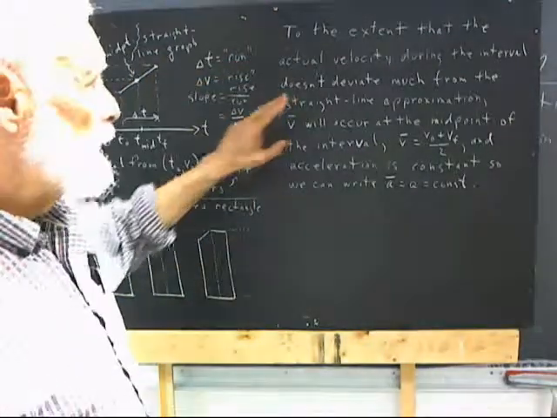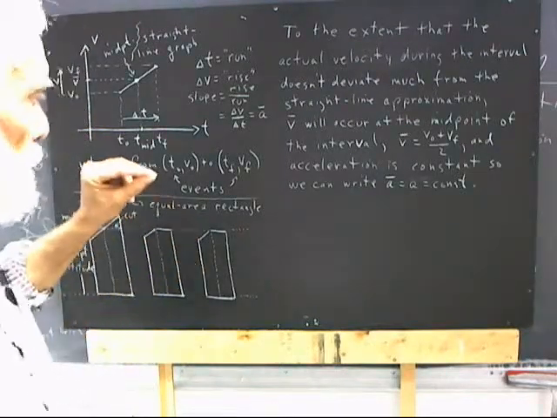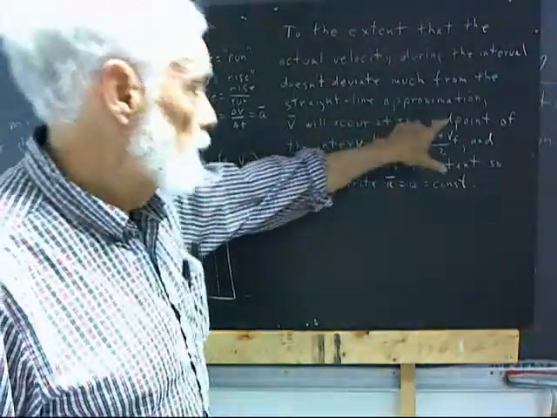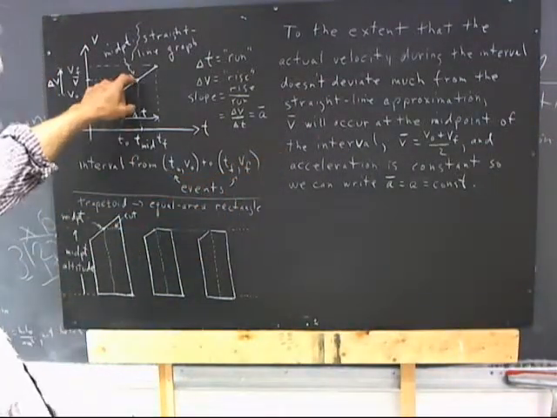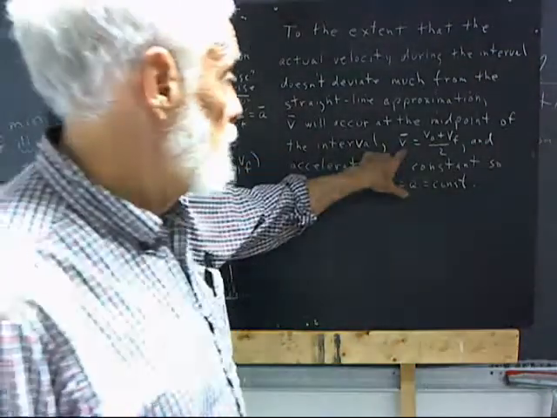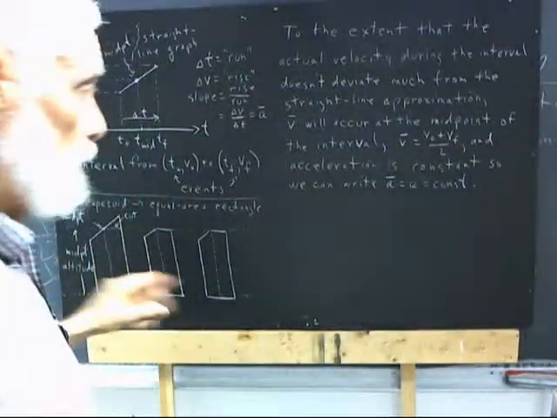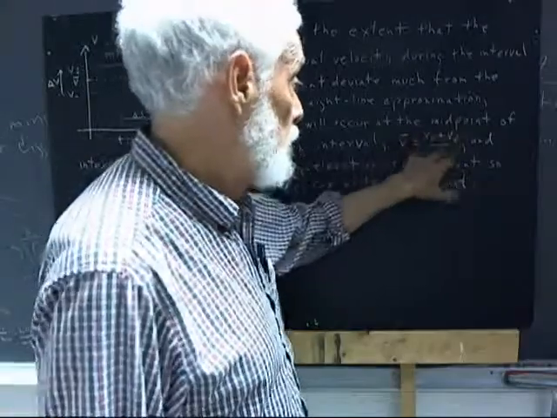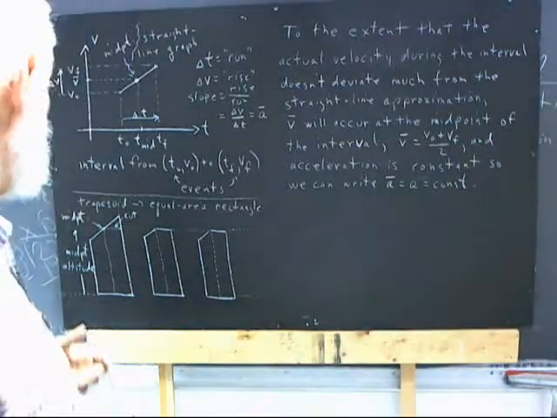But to the extent that that deviation is not very significant, then we can say that v bar will occur at the midpoint of the interval, as we've seen here, and that v bar is going to be halfway between v naught and vf. Of course, v naught plus vf over 2 is halfway between v naught and vf.